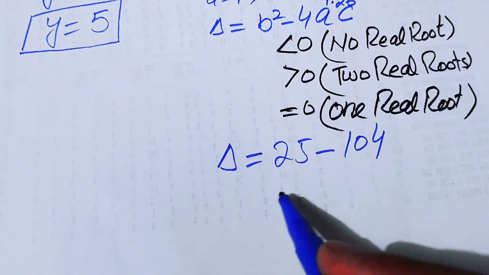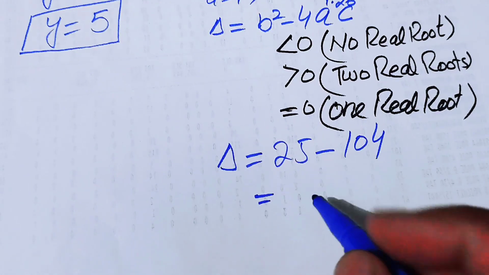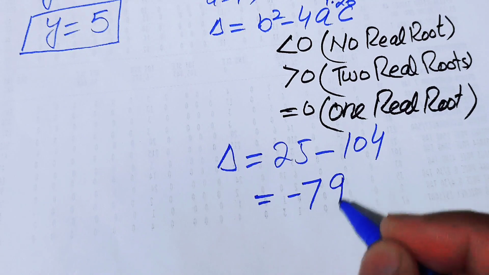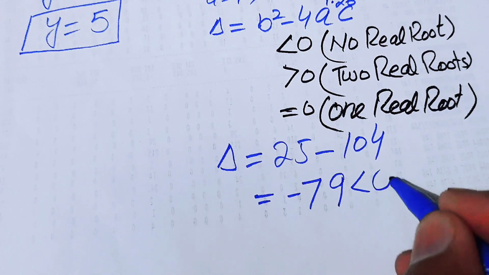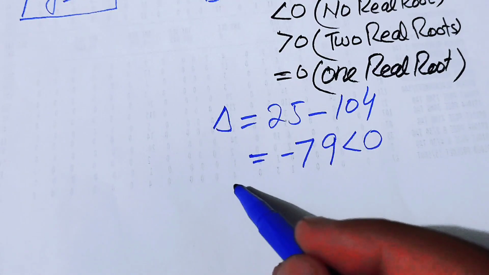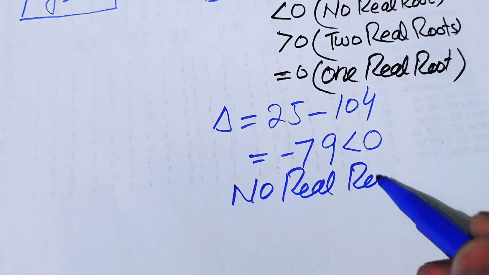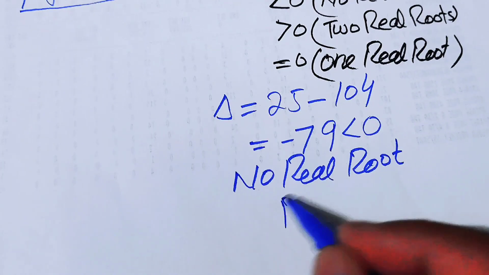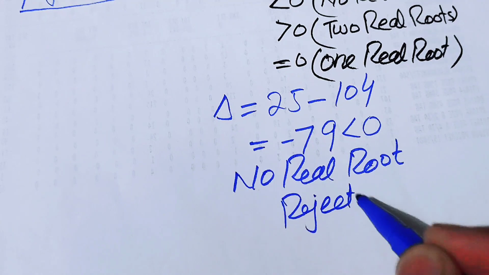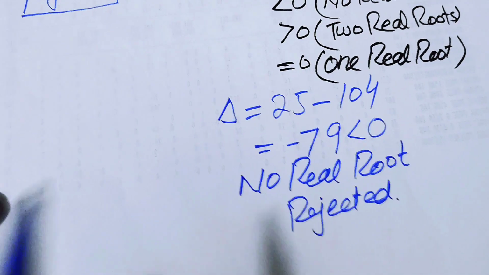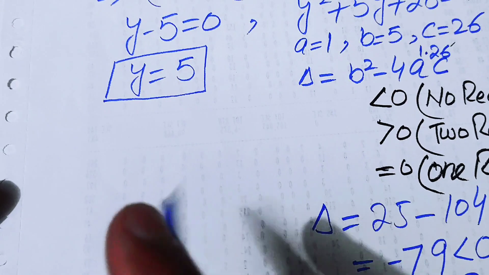So 25 minus 104 is equal to minus 79, so it is less than 0, and we say that it has no real root, so we will reject this case.